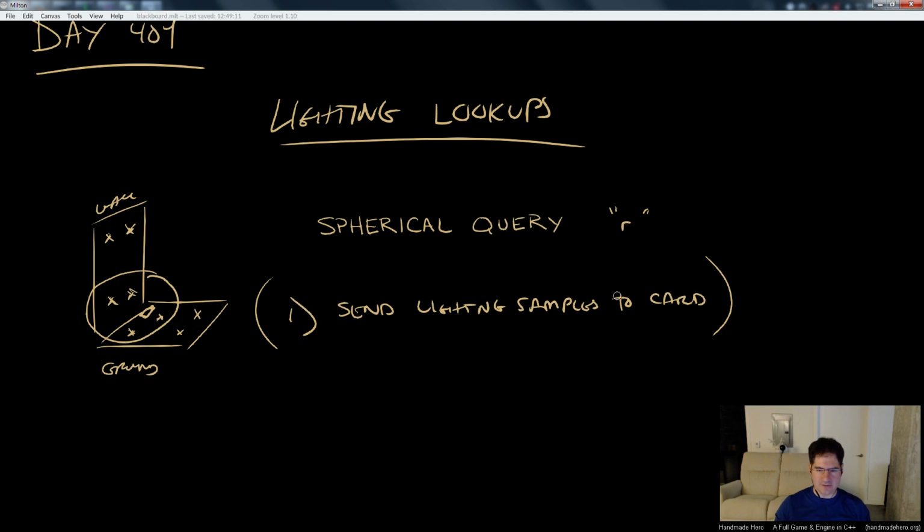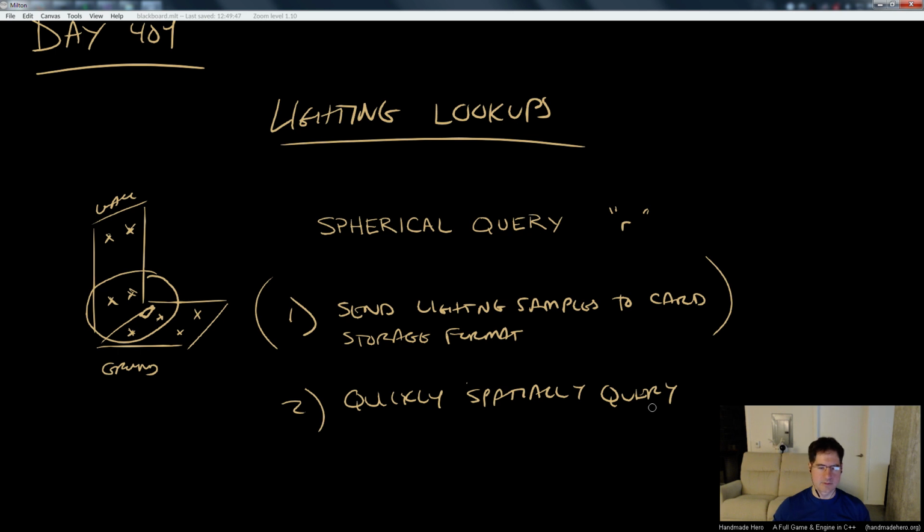So at some point we have to send lighting samples to the card, which means we need a storage format for them. And number two, we need to be able to quickly spatially query them. Right?